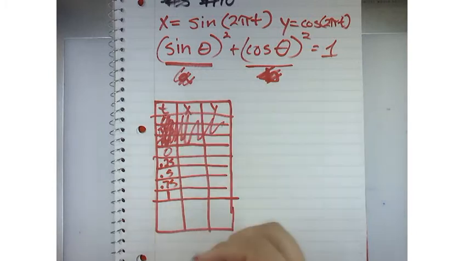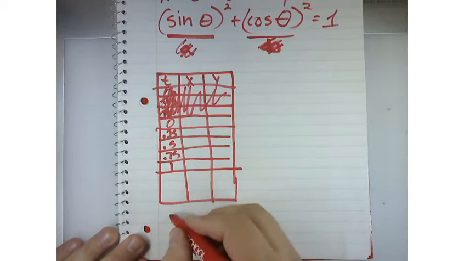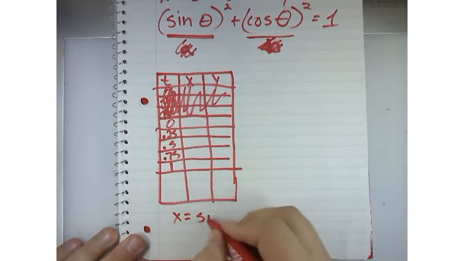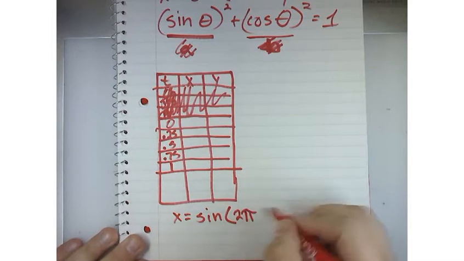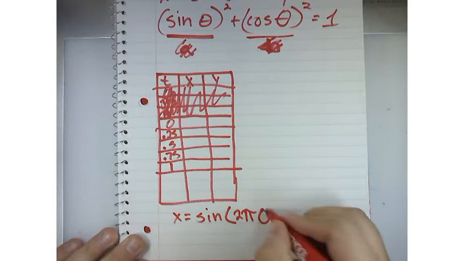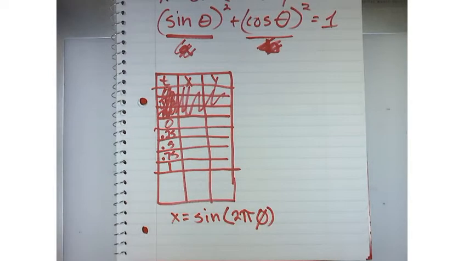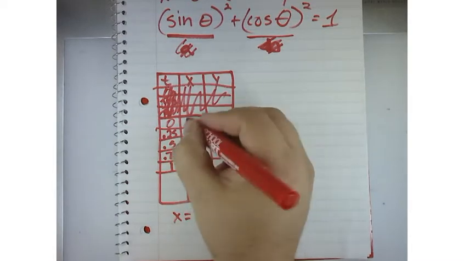All right, and so what we need to do before we can graph this is plug in x equals sine of 2 pi times 0. So somebody, what's that? Well, 0 times 2 pi is 0, so what's sine of 0? 0. So the x value is going to be 0.